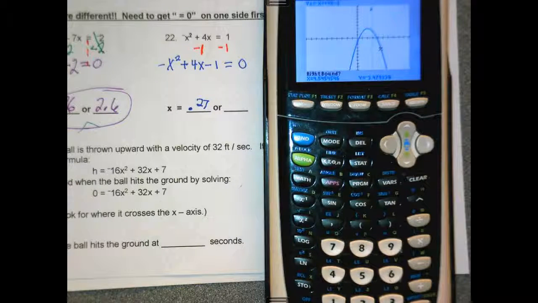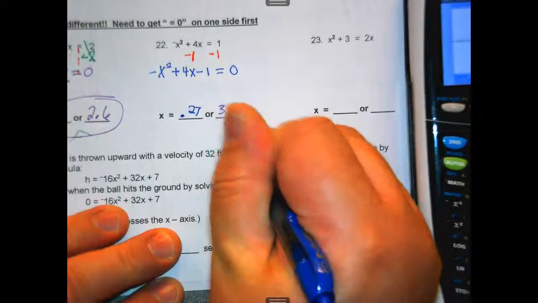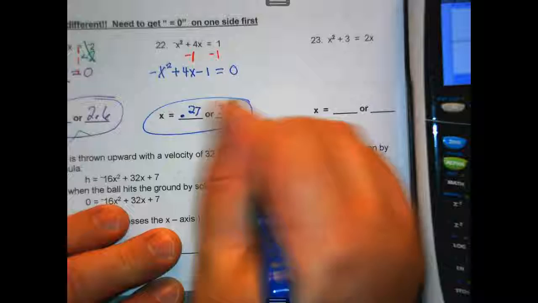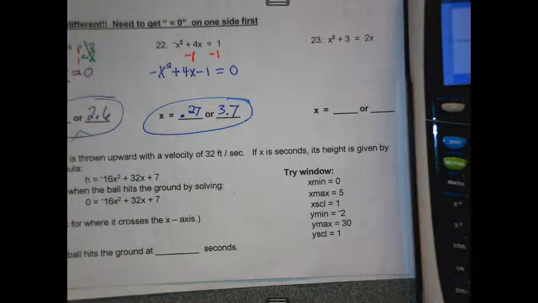Hit enter. And then just hit enter again. Get 3.7. Get it? That one worked, right?